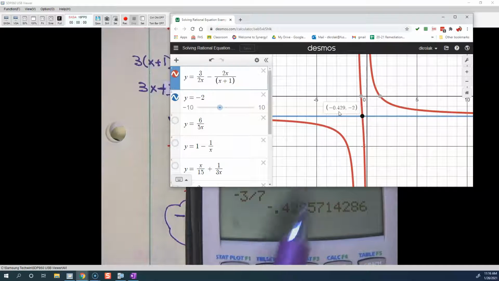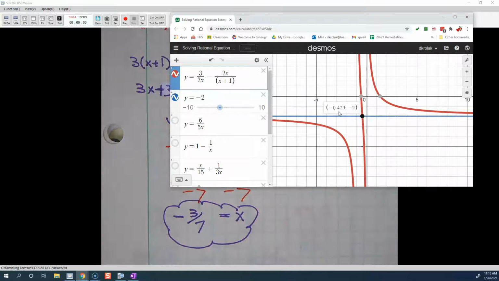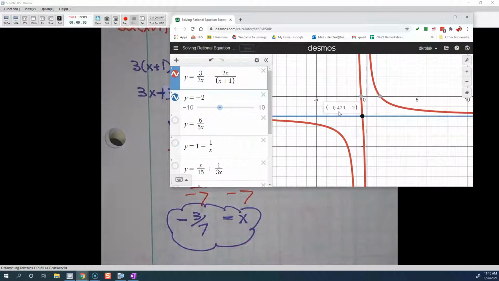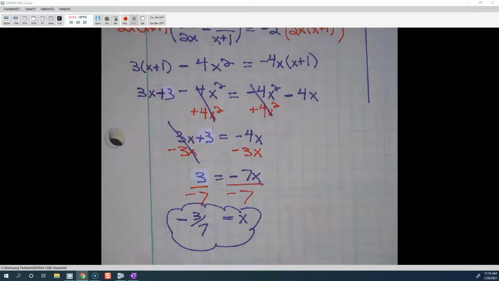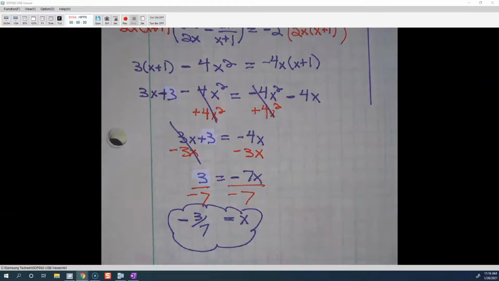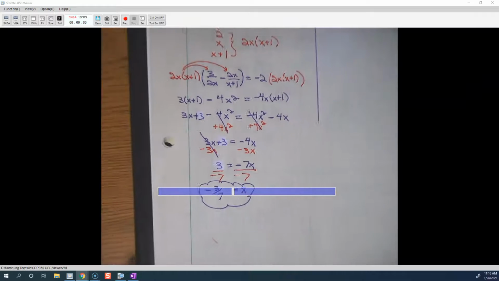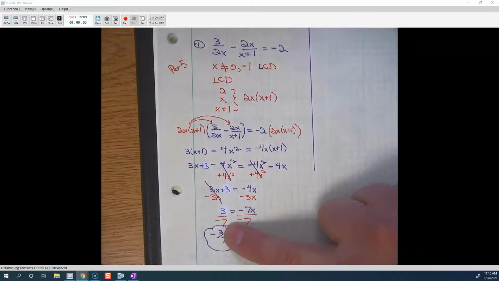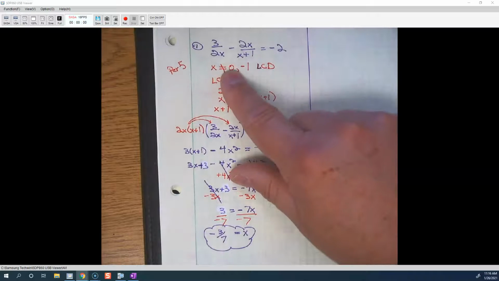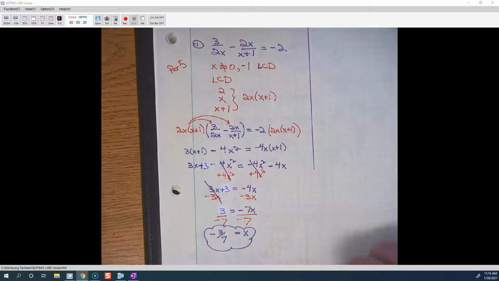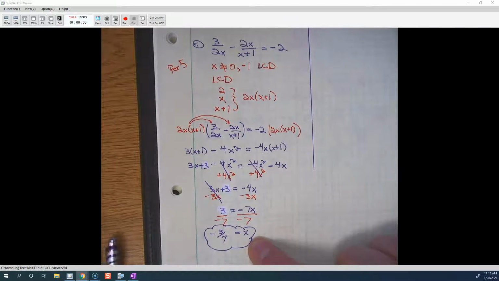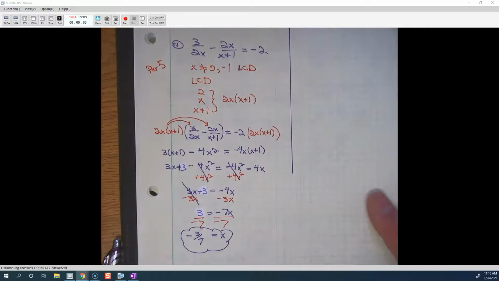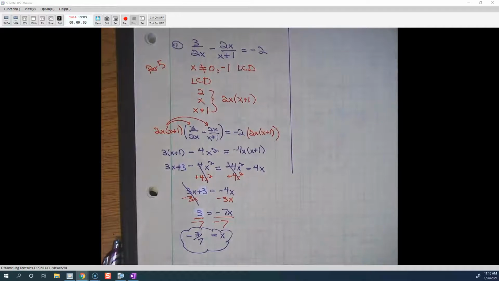That right there is the same as 0.429. So that's my solution. And remember back up here where we said excluded values? Well, negative 3/7 isn't part of these excluded values, so that's another way we know that's the answer. All right, let's take a look at the next one here.